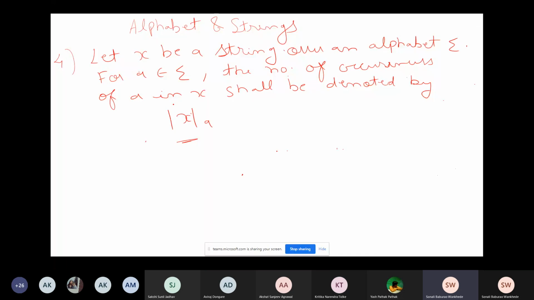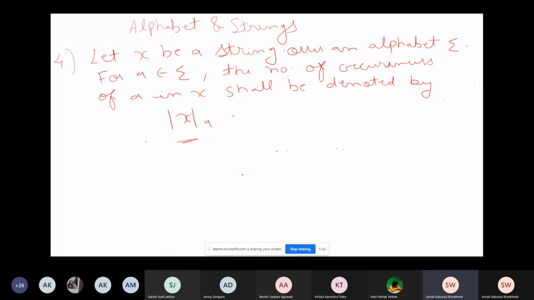So, let x be a string over an alphabet sigma, for a belongs to sigma. The number of occurrences of a in x shall be denoted by mod of x to the base a. This is the way you compute the occurrence of a.